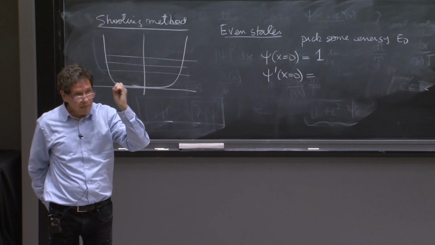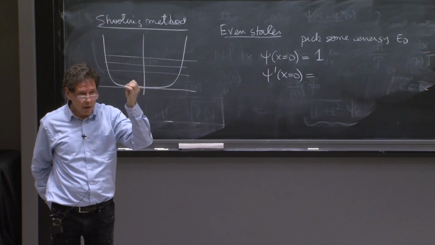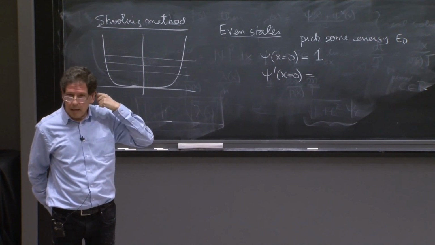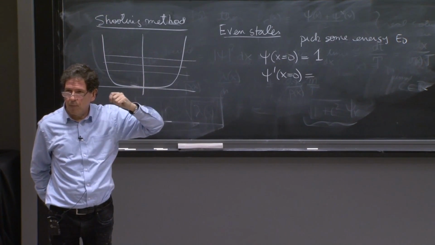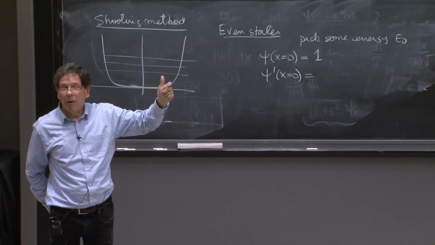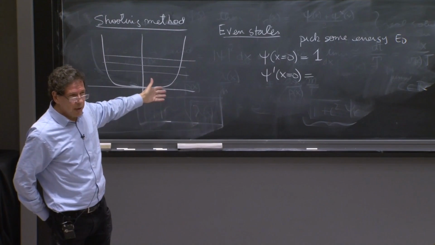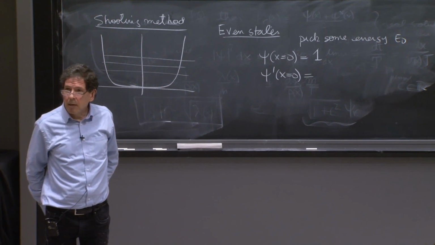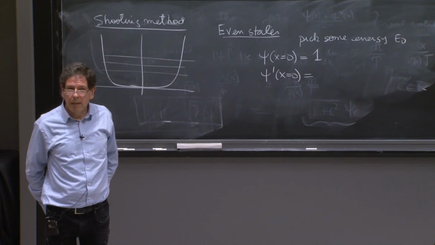So the boundary conditions are the value of psi and the derivative at one point, and then the computer will integrate for you. Mathematica will do it. But you have to give me the derivative. So what should I put? A number there? 1, 2, 3? Is that an unknown? What should I pick?